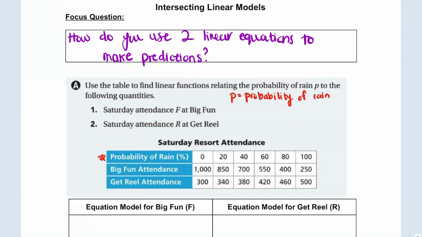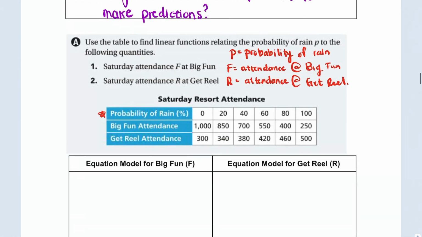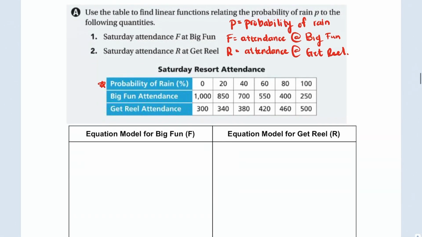They tell us that F is the attendance at Big Fun. And then they tell us that R is the attendance at Get Real. Okay, so this is a bit of a review here.